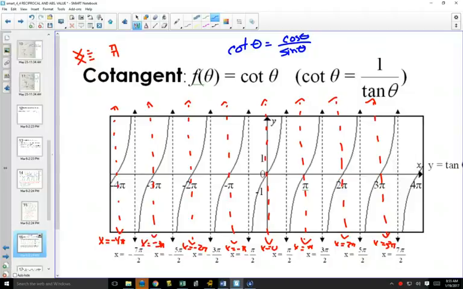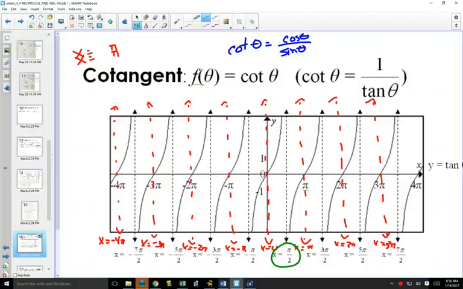But what happens at pi over 2? Well, if the definition of cotangent is 1 over tangent, then since tangent doesn't exist at pi over 2, cotangent shouldn't exist at pi over 2. But if the definition of cotangent is seen as cos over sine, what happens at pi over 2 for both cos and sine?